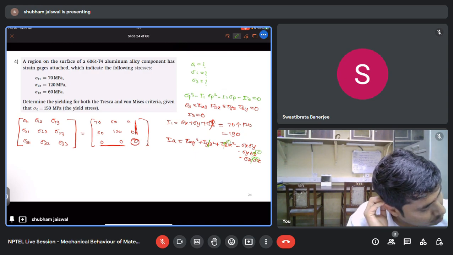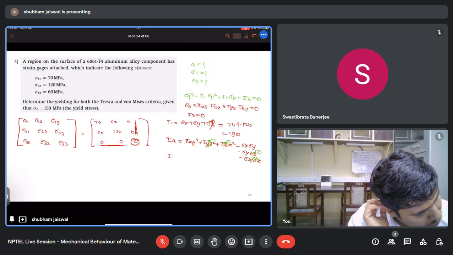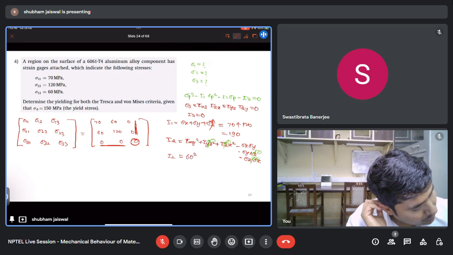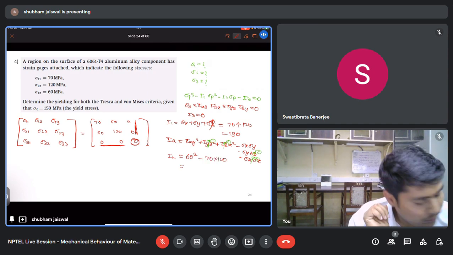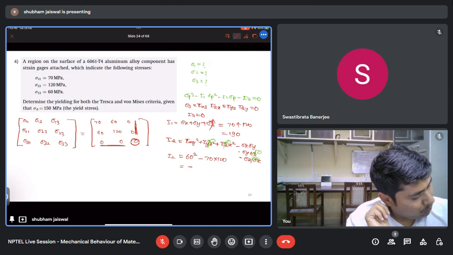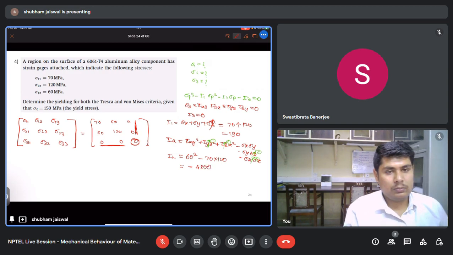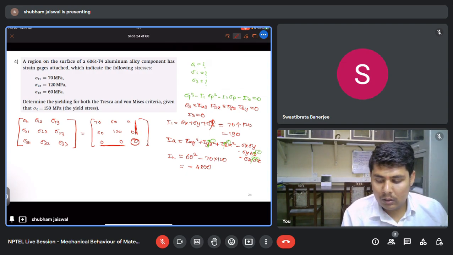Tau yz is 0. So only tau xy. So I2 is tau xy, how much? 60 square minus sigma x and sigma y. What is 70 into 120? It comes out to minus 4800. Is it not?